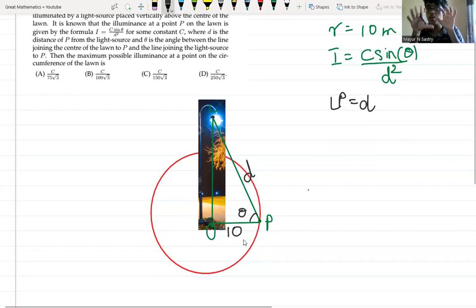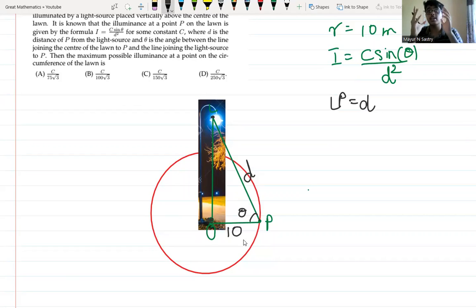Visualize the triangle LOP. It is actually a right angled triangle because LO is perfectly vertical because L is directly above O as per the definition, and OP is perfectly horizontal because it lies on the circular garden. That means that triangle LOP is a right angle triangle.